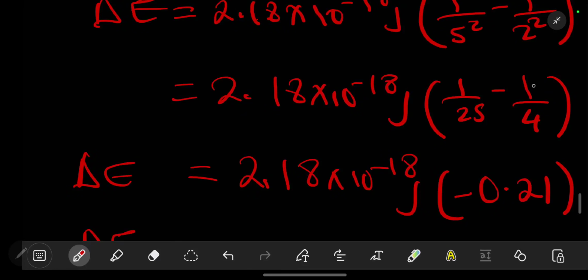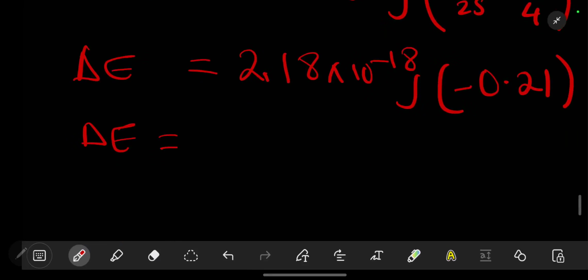The reason I interchanged them for wavelength is that wavelength can never be negative, but the change in energy can be negative. Why can it be negative? If energy has been released, you add a negative because energy is lost. So we have 2.18 times 10 to the power negative 18, then we multiply by 0.21.